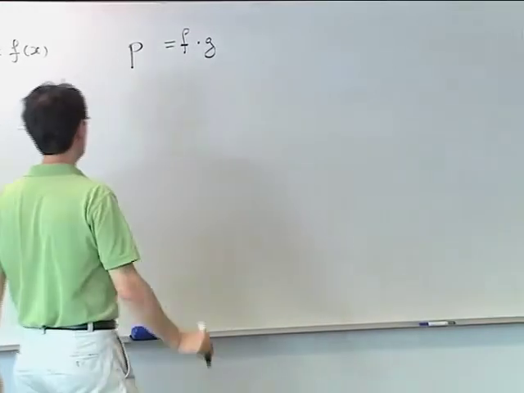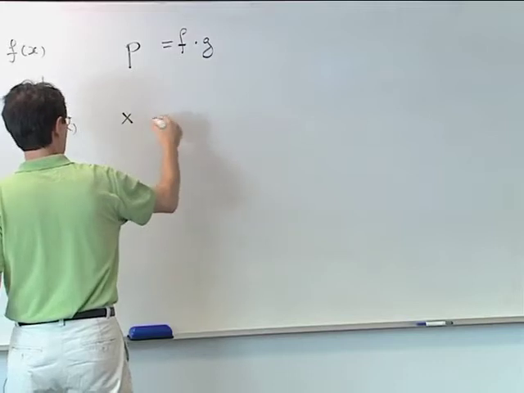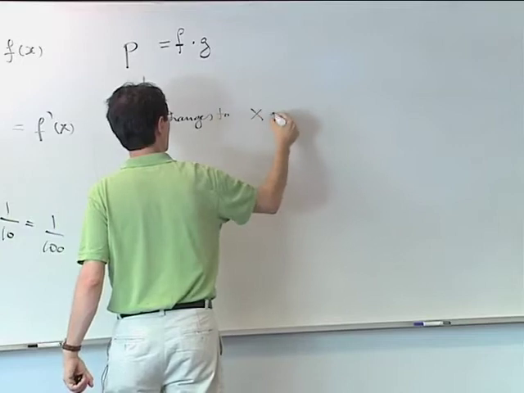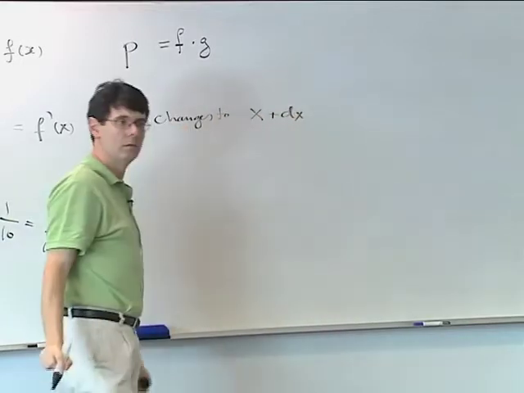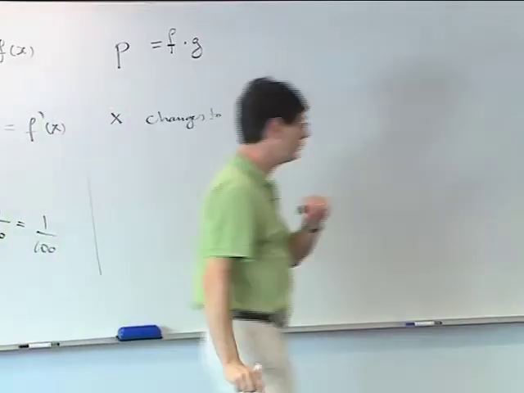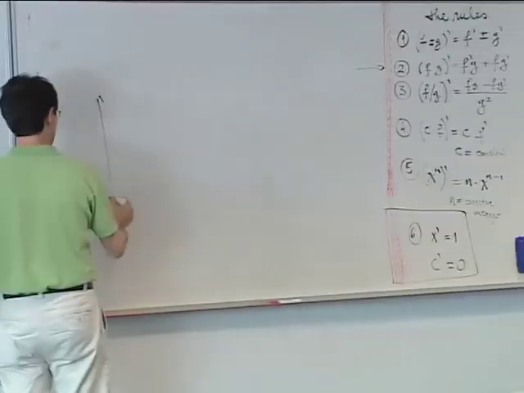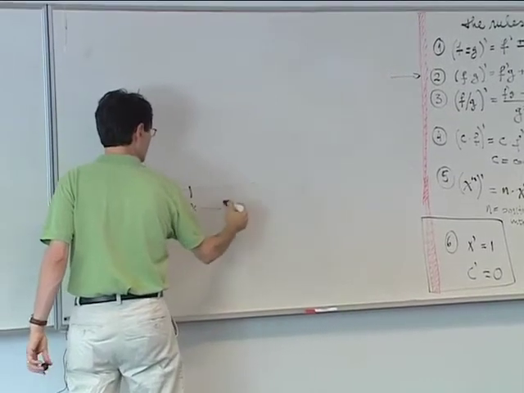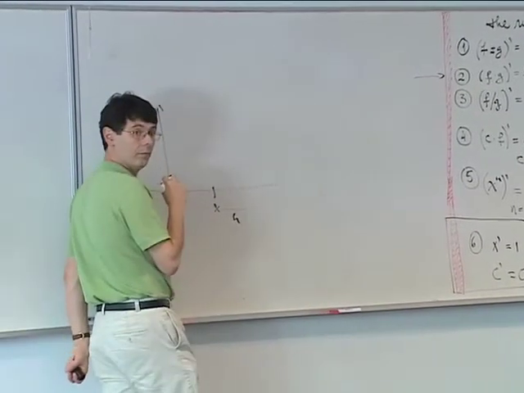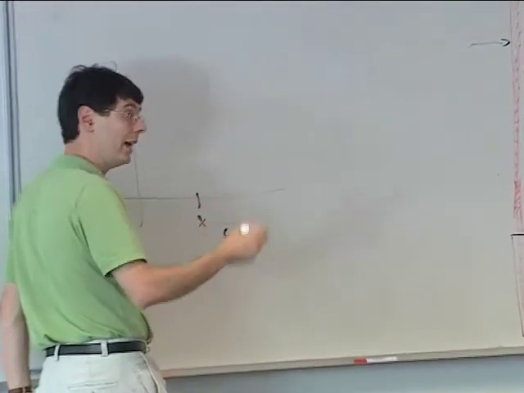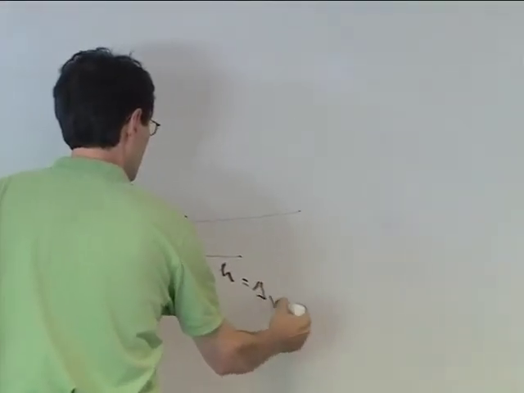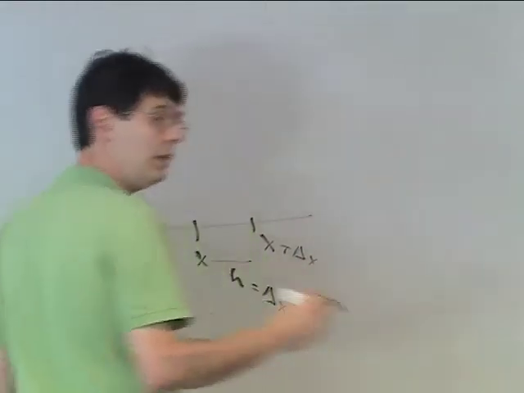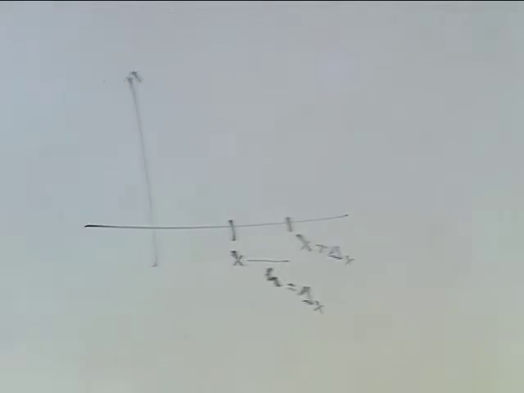Now, here's the thing. If I change x to x plus dx, remember what we did not yesterday, but in the last class. We had x, and we added h, or added delta x to it. And you move to x plus delta x. In here, I'm not adding the whole delta x, I'm adding just dx.